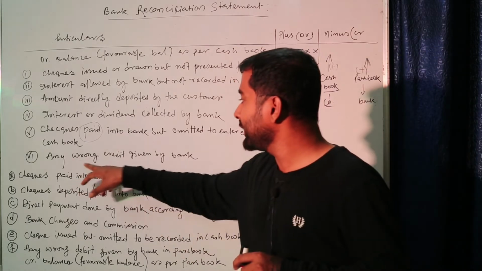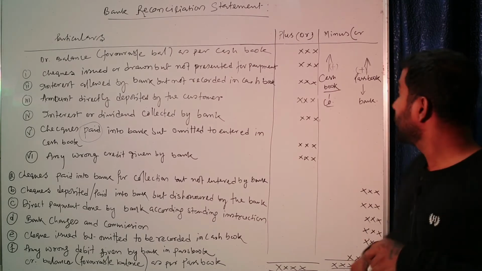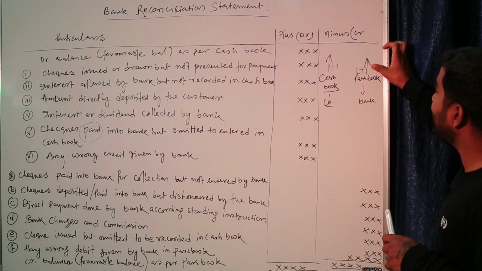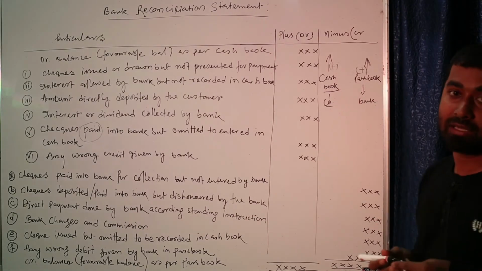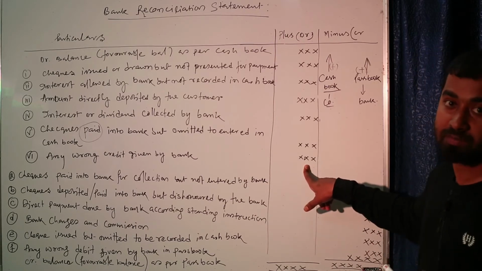Now come to any wrong credit given by the bank. Wrong credit given means the bank has already added it. So my duty is to also add it to the cash book. That's why I have written it on the plus column side.